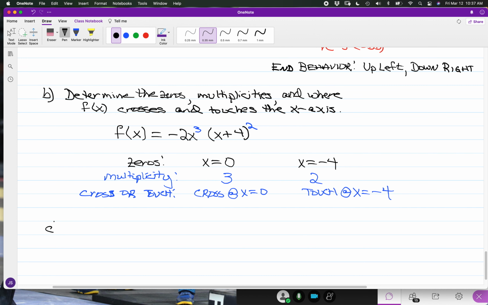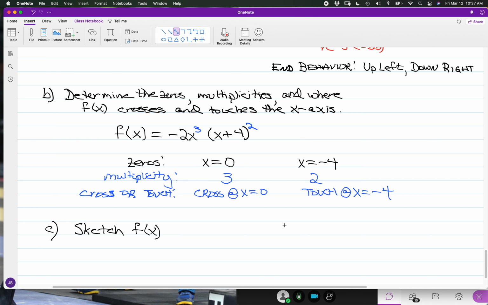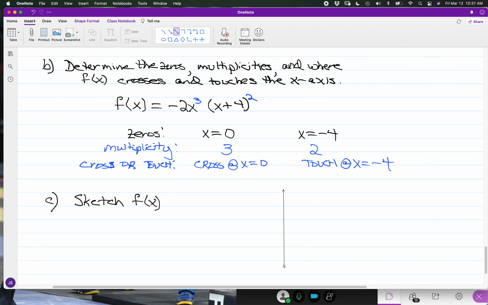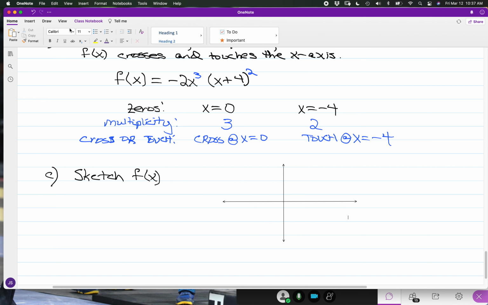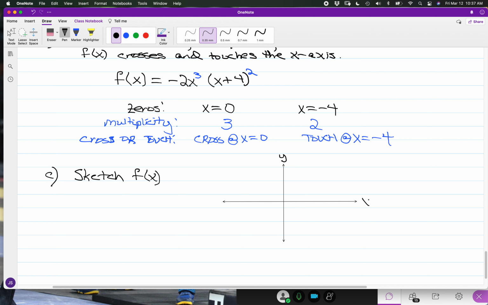And in terms of taking a sketch of this function, just compositing together the features from the first 2 parts. We have the zeros, 0 and negative 4.